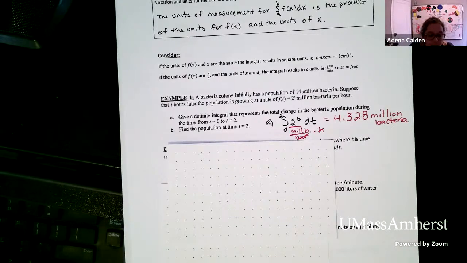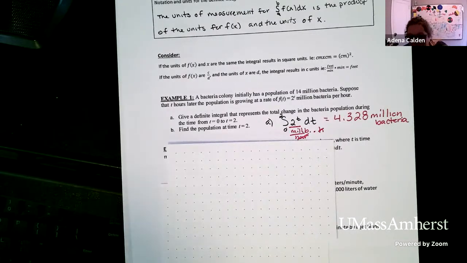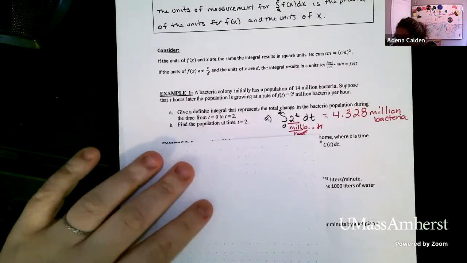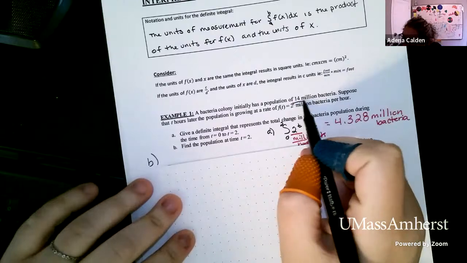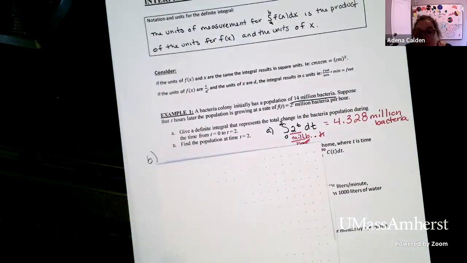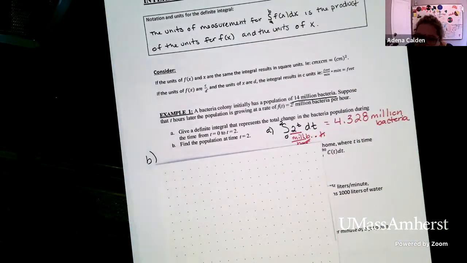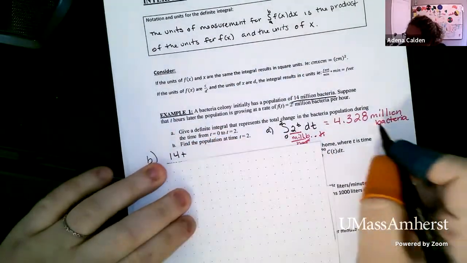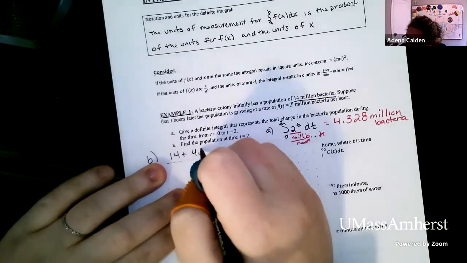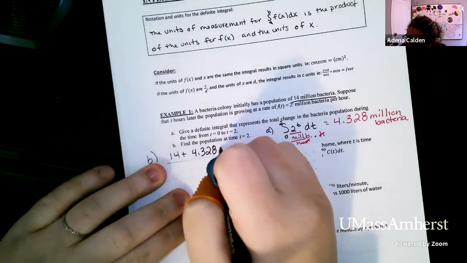Now, part B wants to know what the population is at time equals 2. In order to answer that question, we need to bring in the fact that when we started, the initial population was 14 million. So we had 14 million, then we changed by 4.328 million bacteria.